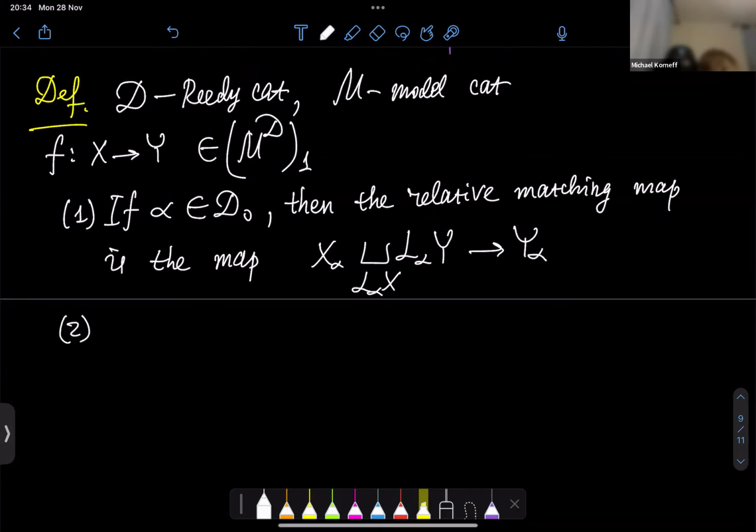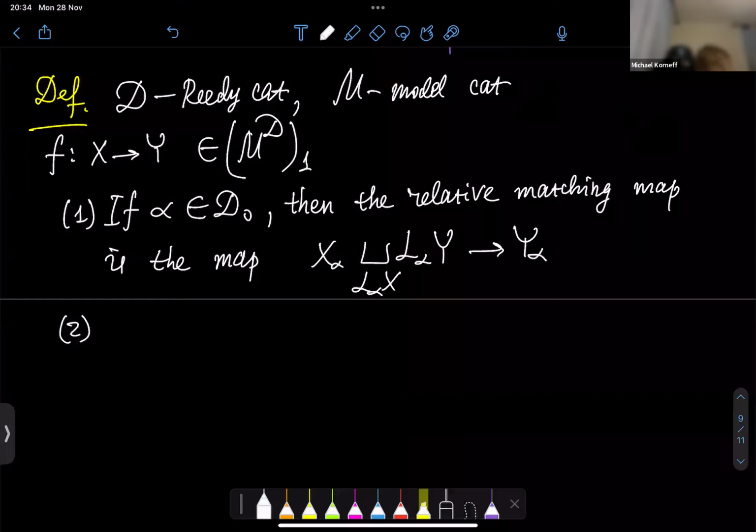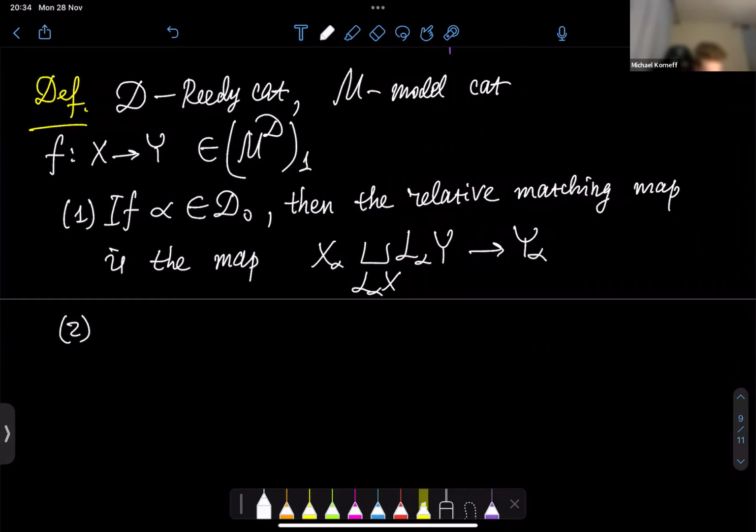And of course, you can formulate the dual definition for the relative matching map.